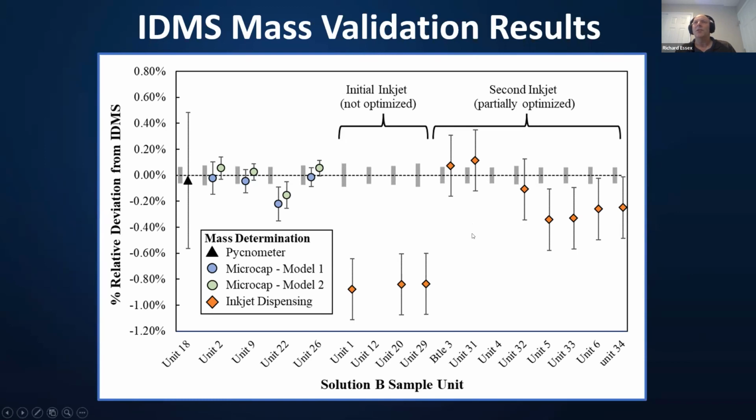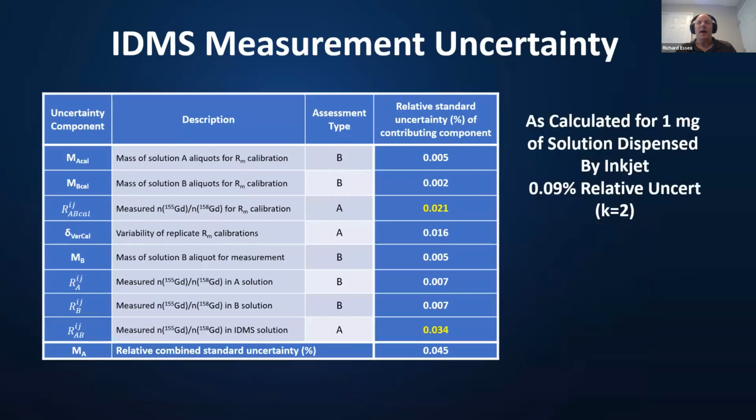When we increase the amount of potential evaporation during our calibrations, we can see that we start to get these systematic biases in our measurement. So essentially, that's the kind of information that we were getting using this technique.